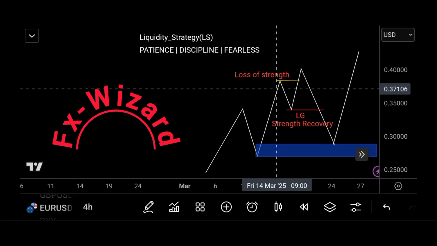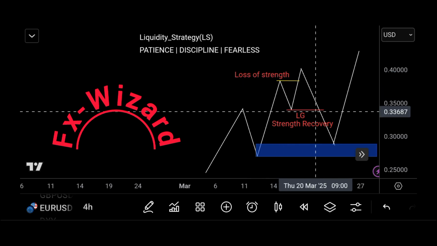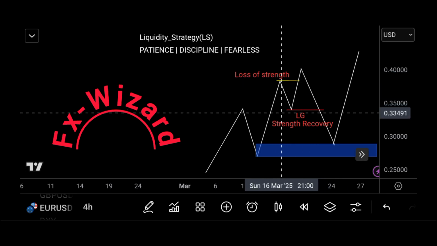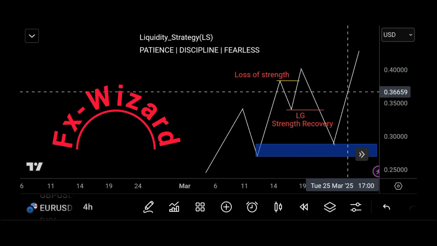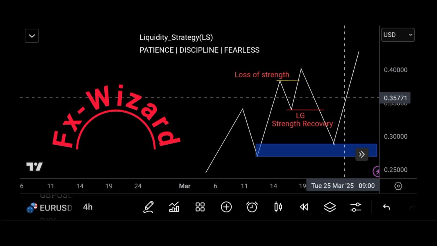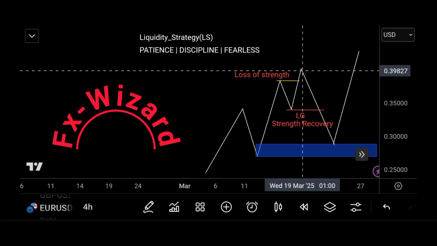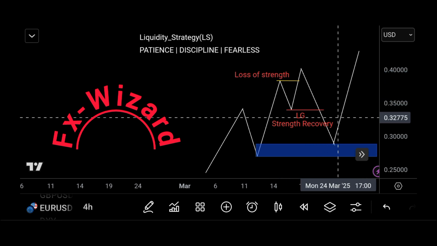Since we have this loss of strength, we need strength recovery, and that's what happened here. The market took out this structure. Many people would have been looking to sell this market here. That's the reason why they are going to be my liquidity. They are going to be liquidated because the market is not yet ready to go bearish.